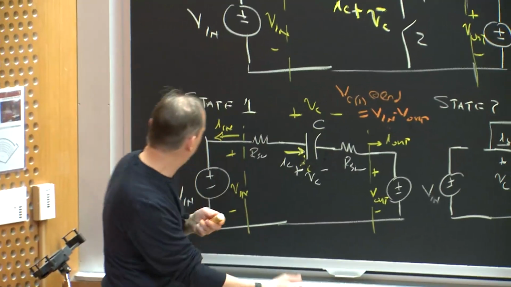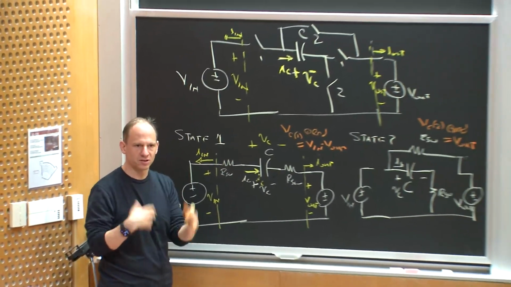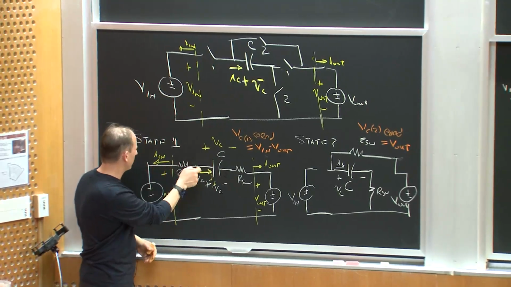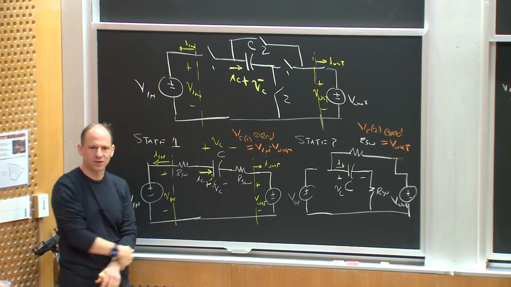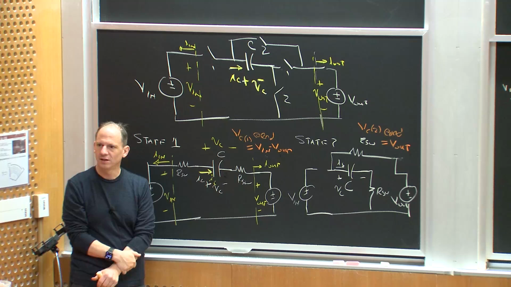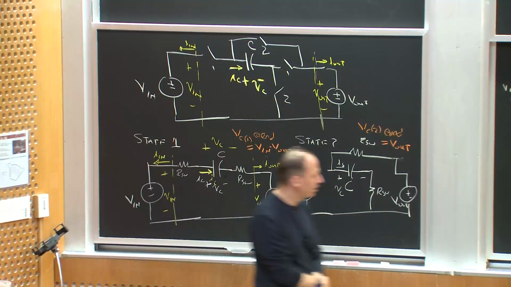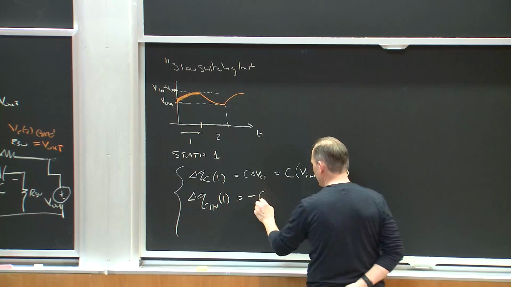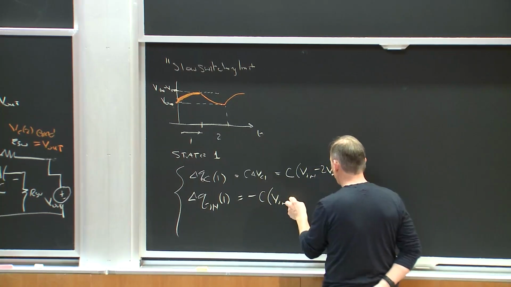The way I've defined it here, because the general analyses tend to do it this way, the current going into the capacitor is exactly the opposite of the current going into the input in state 1. So the charge into the input just has to be the opposite of this: minus C times V in minus 2V out.